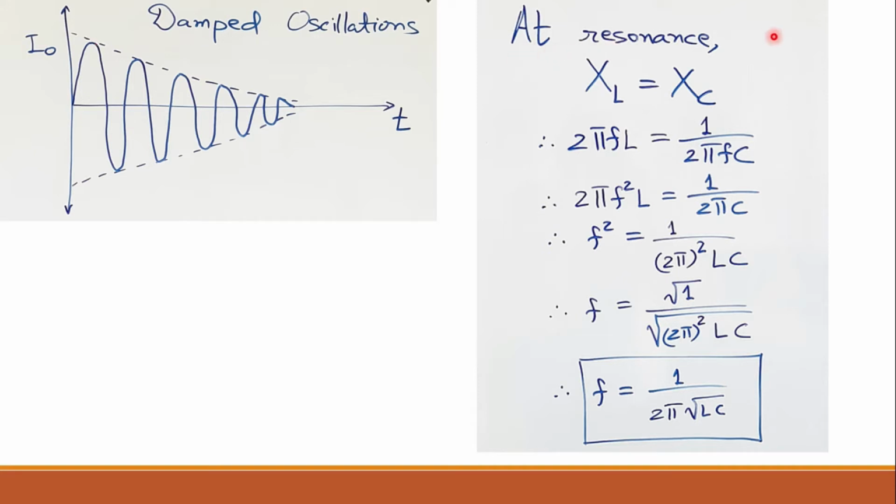You know that at resonance the inductive reactance XL is equal to the capacitive reactance XC. But you know that XL is equal to 2 pi FL and XC is equal to 1/2 pi FC.